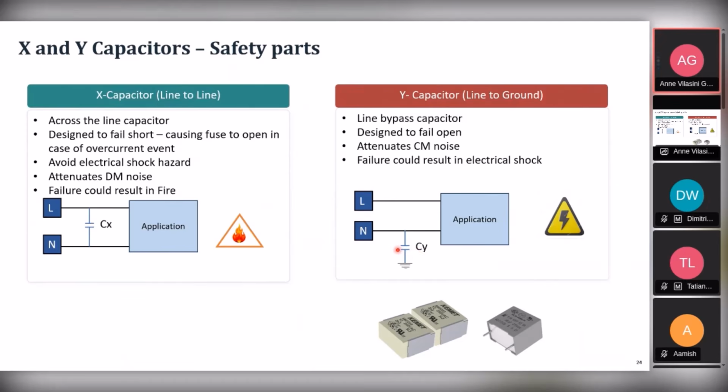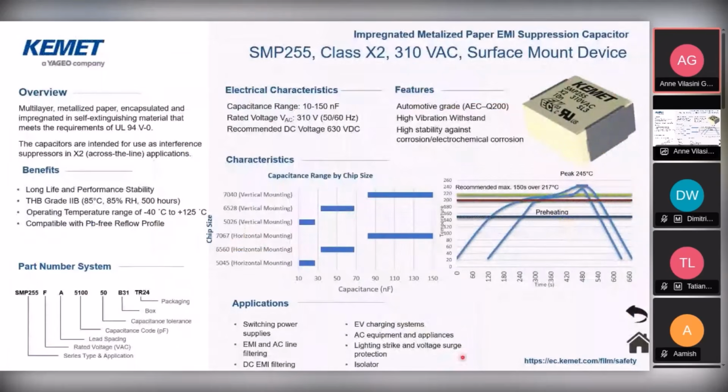Because it is connected to the chassis, and the chassis is available to the user and they can touch it, when you create a short circuit, there is a possibility that the current passes through the chassis onto the human body and causes an electric shock. So that is the reason the Y capacitors are designed to fail open, and the failure of this could result in an electric shock.